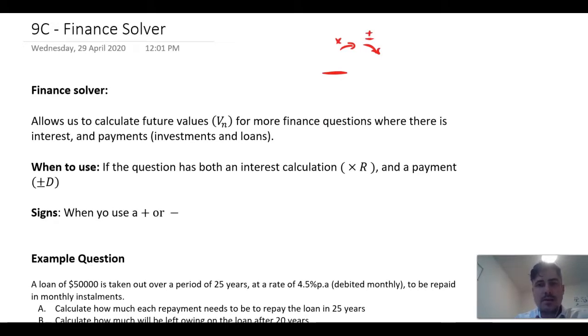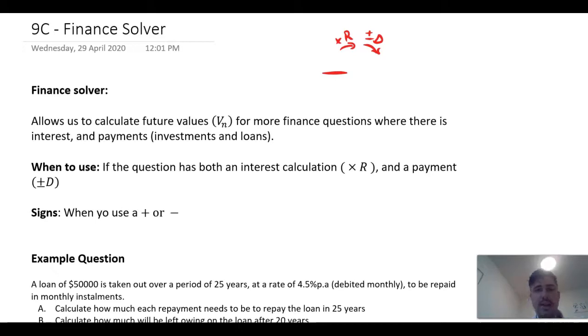Now that process of multiplying by r and adding or subtracting d is perfect for situations where you have a loan or an investment. And so the interest and the payment is shown by r and by d.